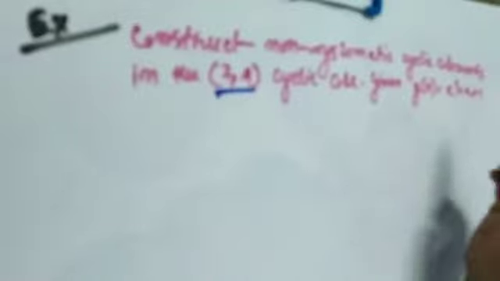So in your problem, the code is mentioned, that is 7/4 cyclic code, and the generator polynomial is also given to you. So you have to find out all the code words belonging to that code.